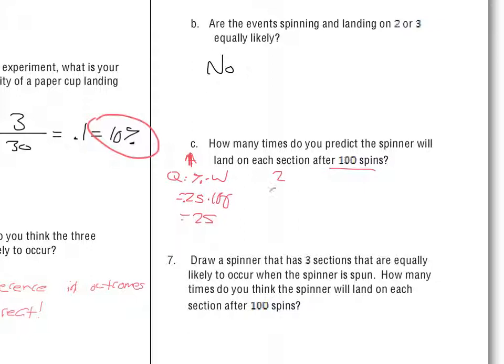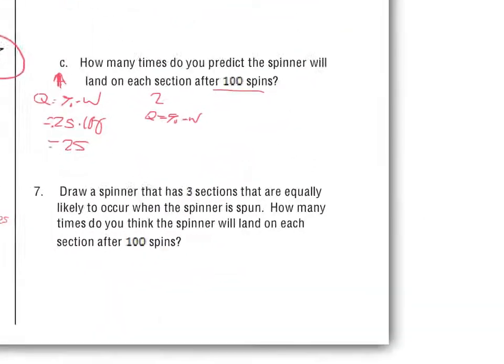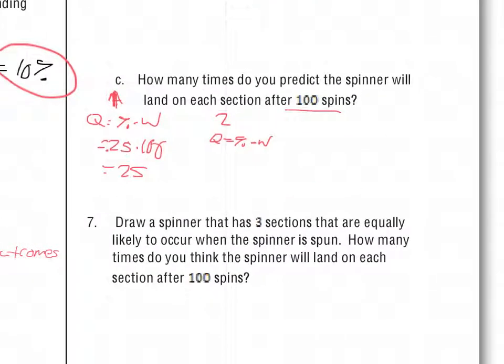For 2, Q is equal to percent times whole. Our 2 also has a 25%, 0.25, according to our quick look, times 100, which is going to be 25 times.